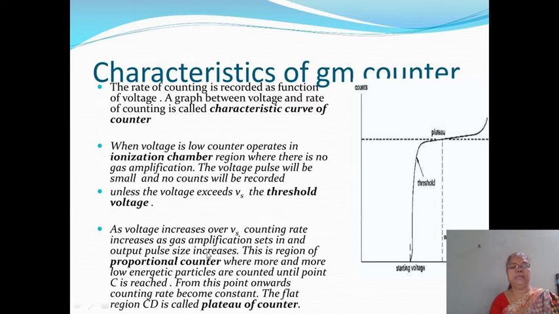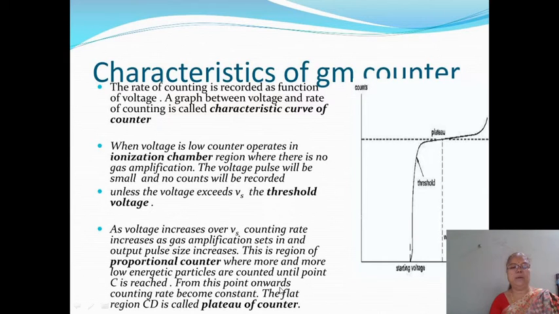Over the threshold, the counting rate increases as gas amplification sets in and output pulse size increases. This is the region of the proportional counter, where more and more low energetic particles are counted until point C is reached.